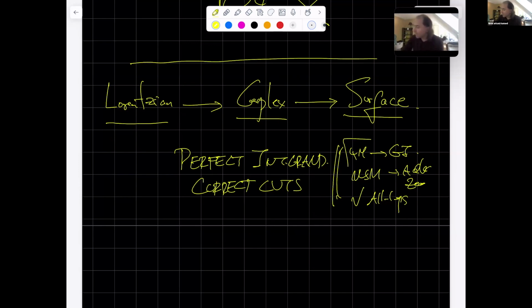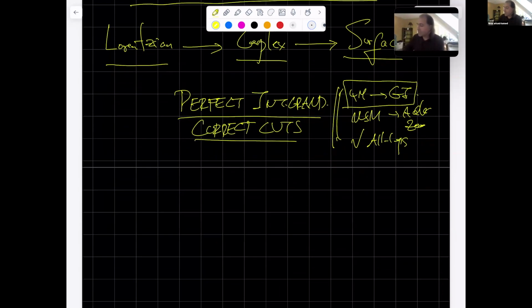But I'm going to focus more on Yang-Mills. So there's a perfect integrand. It has correct cuts. And it has good behavior at infinity, which is another slightly magical thing that allows us to recurse it.